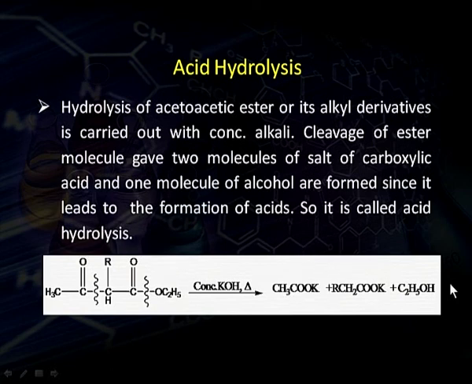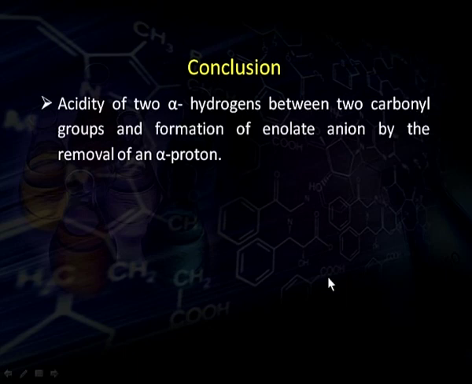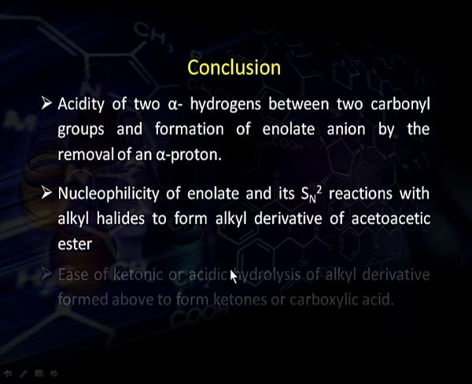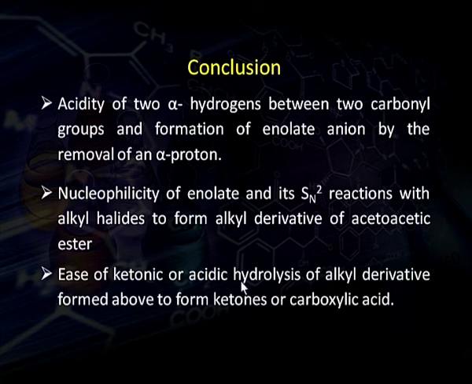and one molecule of ethanol is produced. So we can conclude the acidity of the two alpha hydrogens between two carbonyl groups and formation of enolate anion by the removal of an alpha proton, the nucleophilicity of the enolate and its SN2 reactions with alkyl halide to form alkyl derivatives of acetoacetic ester, and the ease of ketonic or acidic hydrolysis of the alkyl derivative formed above to form ketones or carboxylic acids.